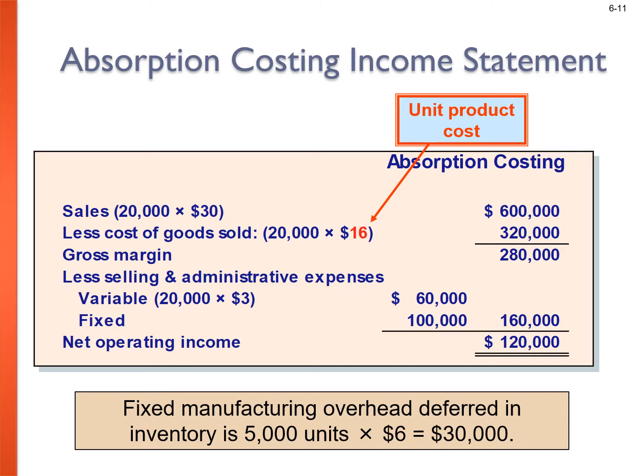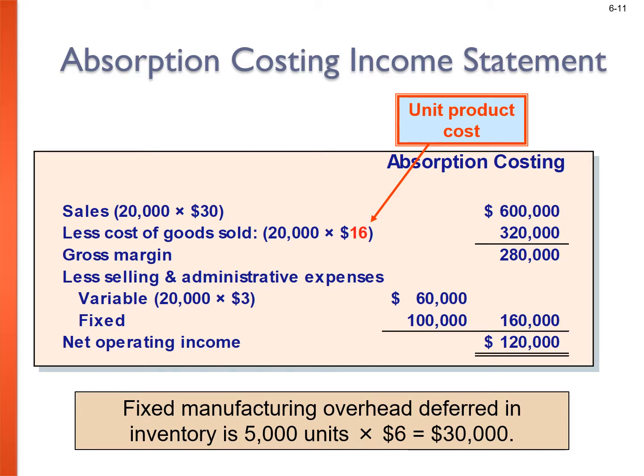Now, what happens here is that under absorption costing, we are expensing $6 more per unit than we are under variable costing. Now, if we made 25,000 units and sold 20,000, we would have 5,000 left in inventory.